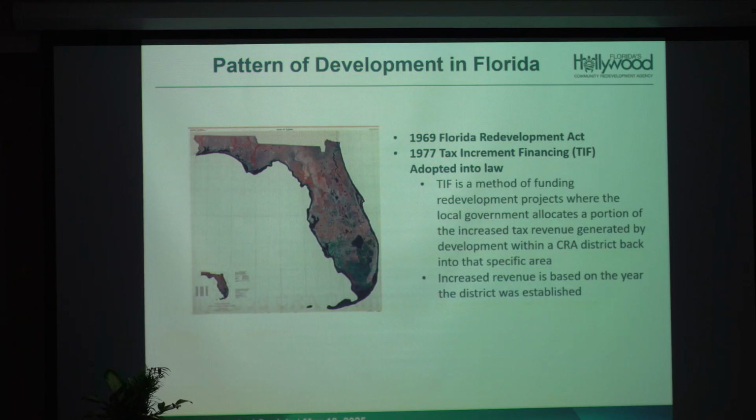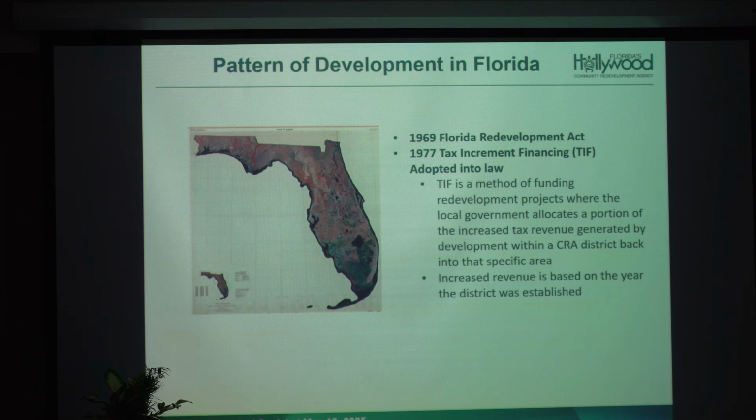And I'm going to tell you exactly what TIF is, so in the future you'll know what it means. TIF is a method of funding redevelopment projects where the local government allocates a portion of the increased tax revenue generated, that's the ad valorem tax revenue, generated by development within the CRA district back into that specific area.